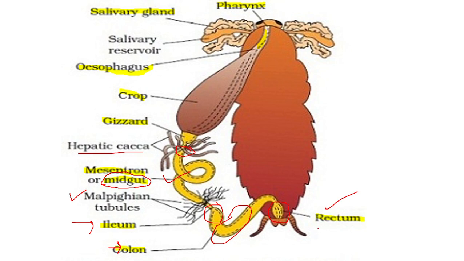Then the third portion is the rectum, and the rectum is a swollen portion that stores the undigested food temporarily. Means all the digestion is carried out up to the midgut, then reabsorption of extra fats and nutrients is carried out in the ileum and colon, and the last portion, the rectum, stores the undigested food temporarily, and then the undigested waste is removed from the body of the cockroach with the help of the opening called the anus.